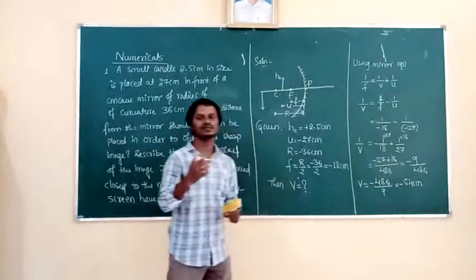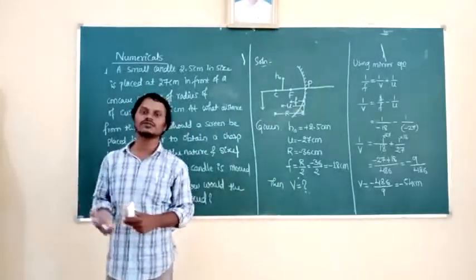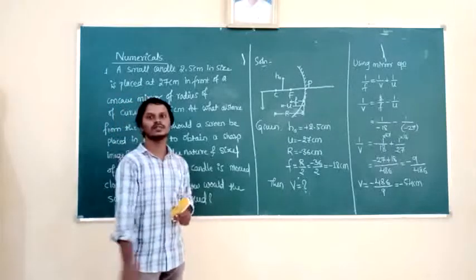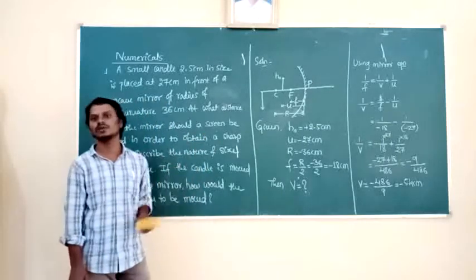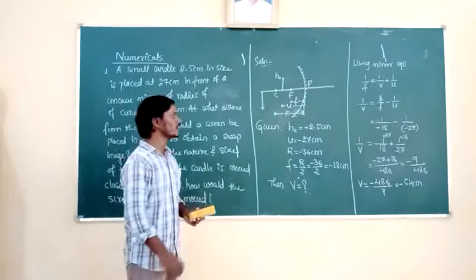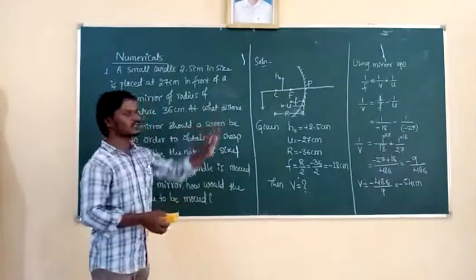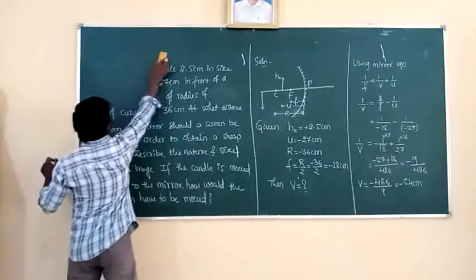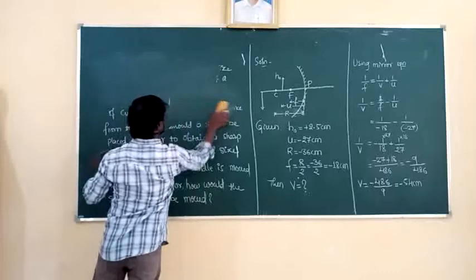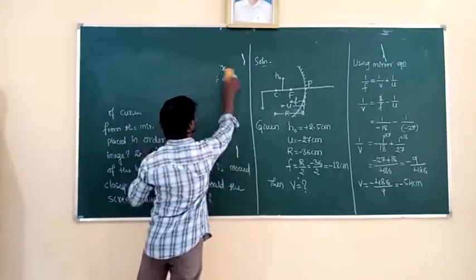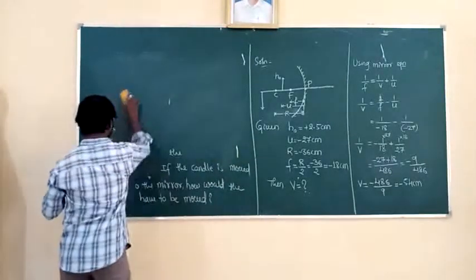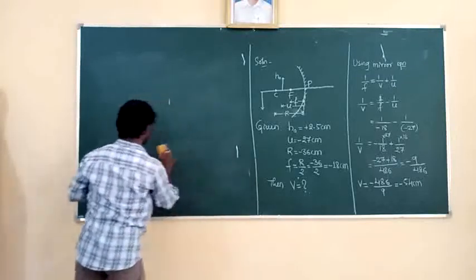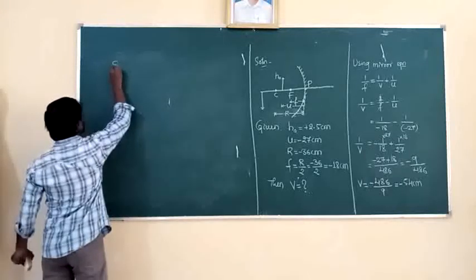Then we got one answer. At what distance do we have to place the screen to get the sharp image? We have to place the screen at a distance of 54 centimeter from the pole of the mirror. Now we have to write this in a sentence.